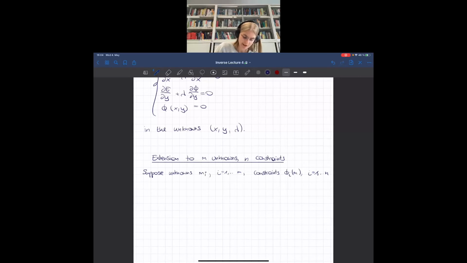And then we have in total m plus n equations. So we have on the one hand all the derivatives with respect to the m_i, and on the other hand, we have all constraints.